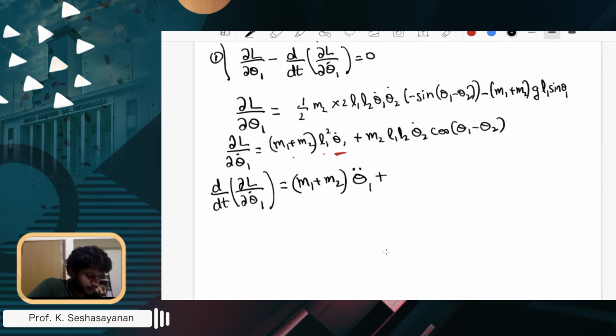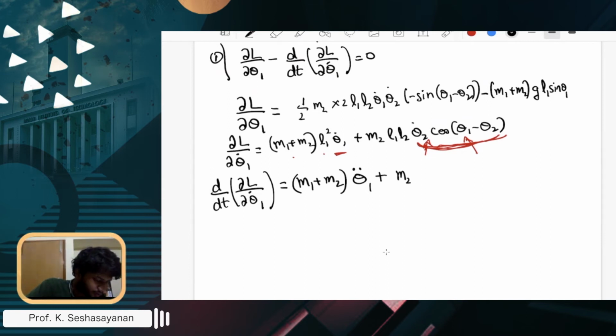Plus here, one should be careful. Here both these terms depend on time. So when you take the total time derivative, one should make sure that we take the time derivative with respect to the first term, and the time derivative with respect to the second term. This is a common place of error which people should avoid. So one should make sure that one takes the total time derivative with respect to both the terms which are present.